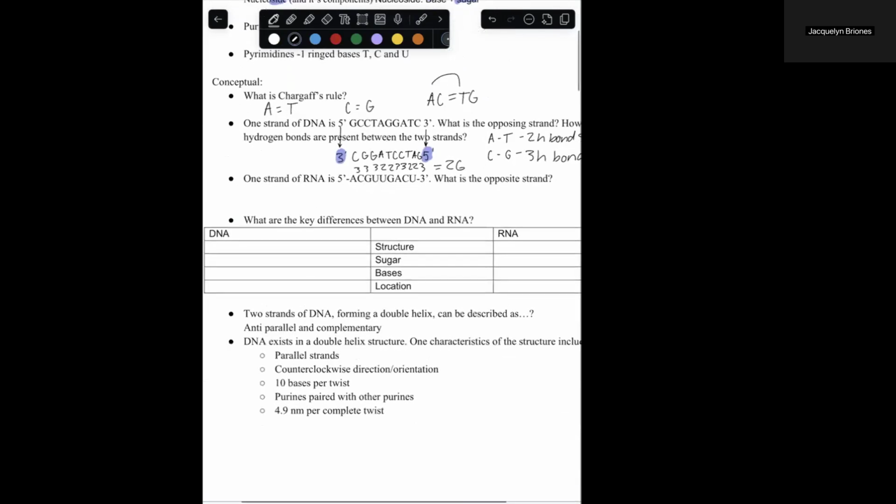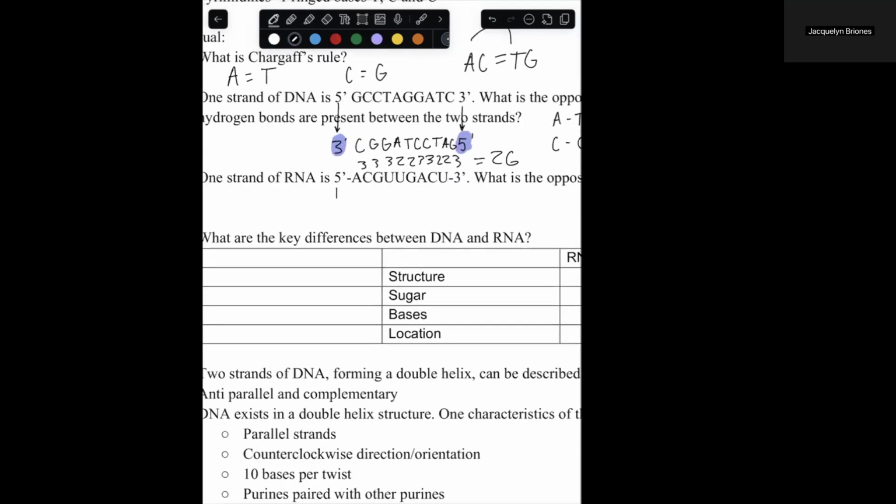One strand of RNA is the following. What is the opposite strand? I'm basically going to do the same thing. Here is our 3 prime, and here is our 5 prime.